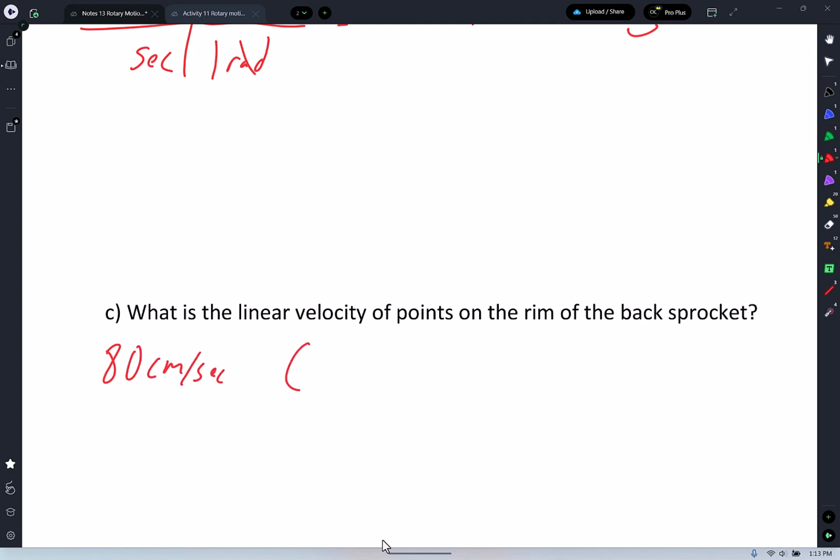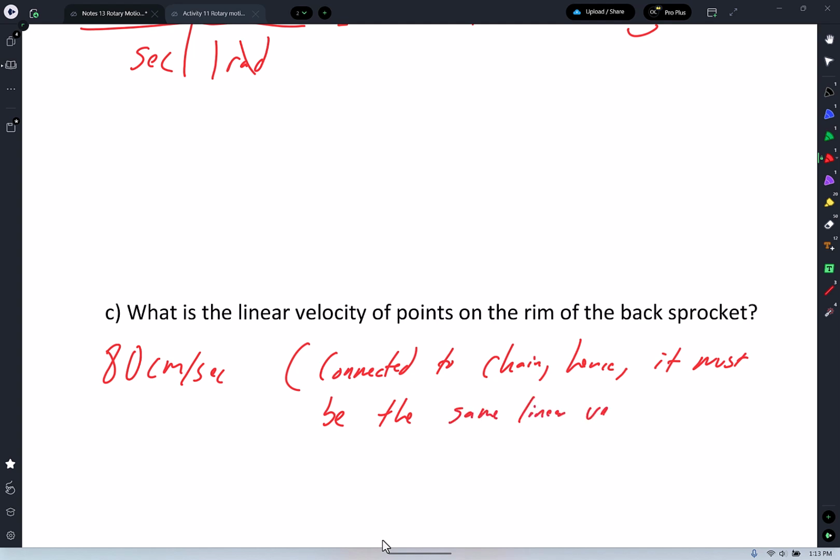And then I'm going to put in parentheses, connected to chain, hence, it must be the same linear velocity as chain. Does this make sense? Okay, always ask yourself if it makes sense, guys.